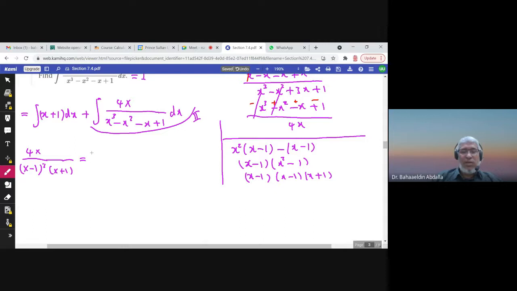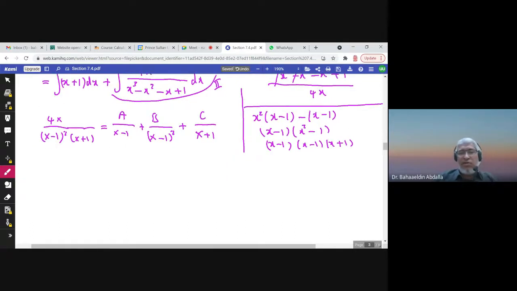I have x minus 1 squared, so I take x minus 1 and x minus 1 squared and a third fraction for x plus 1. So I'll have 3 partial fractions here. And here I have a, b, and c. And now I need to find a, b, and c.